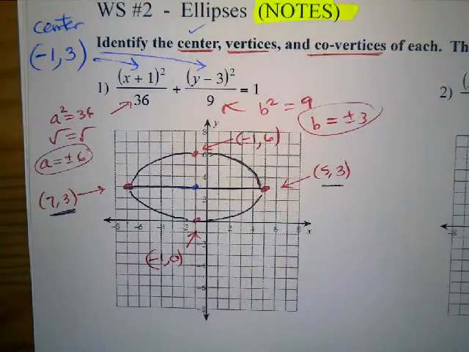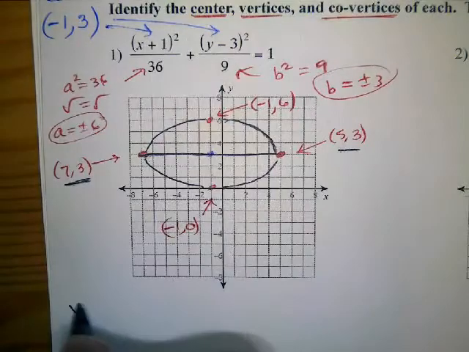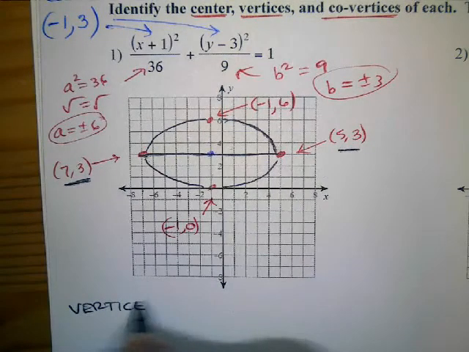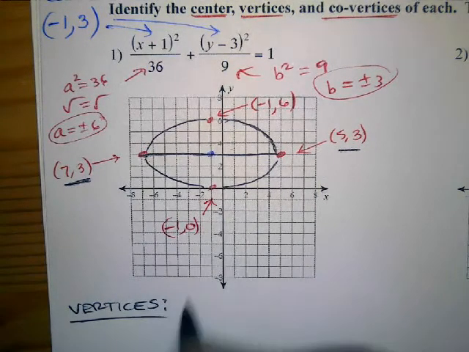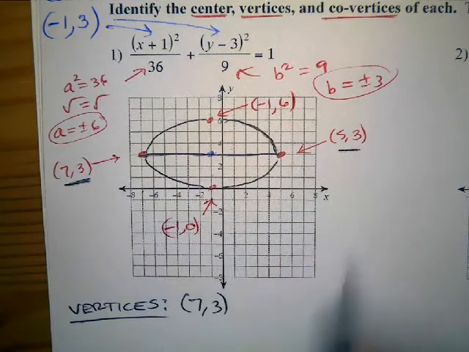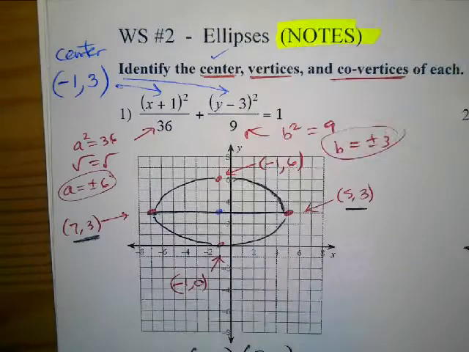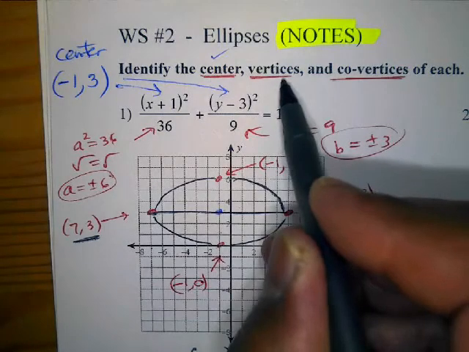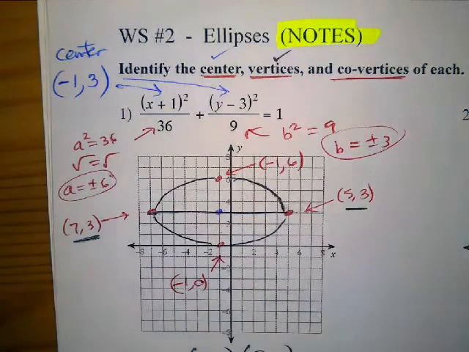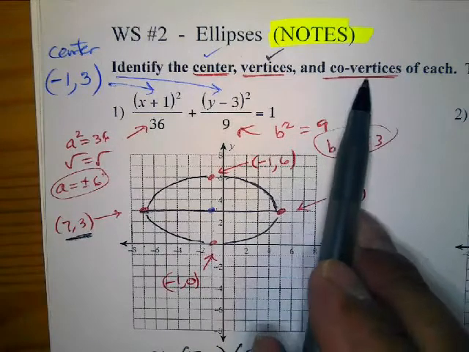So these here on the major axis are your vertices. Your vertices here are 7, 3, and 5, 3. The ones on the major axis are your vertices.